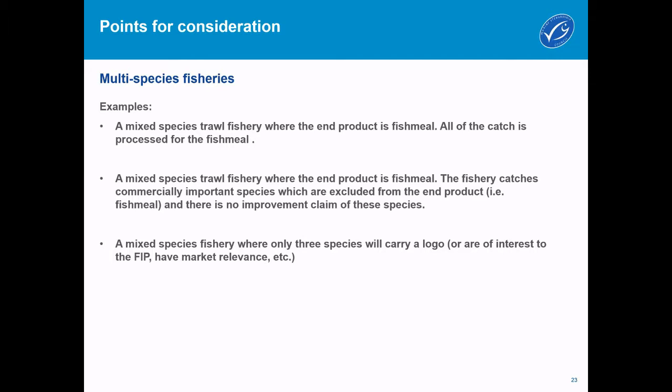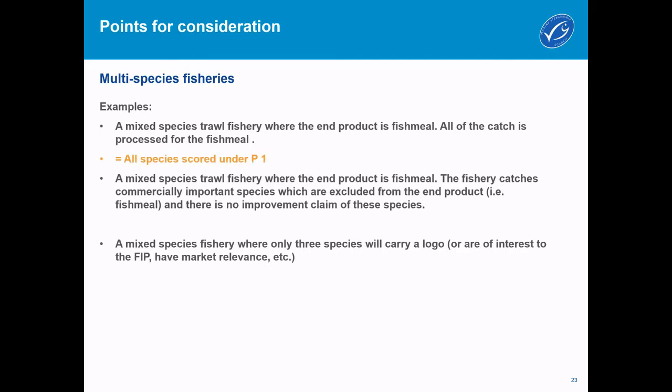The first one I've already just given as an example. You have a mixed species trawl fishery, the end product is fish meal, all of the catch is processed for the fish meal, and the improvement claim is for the fishery as a whole and for that fish meal product. So all your species would need to be scored under Principle 1.